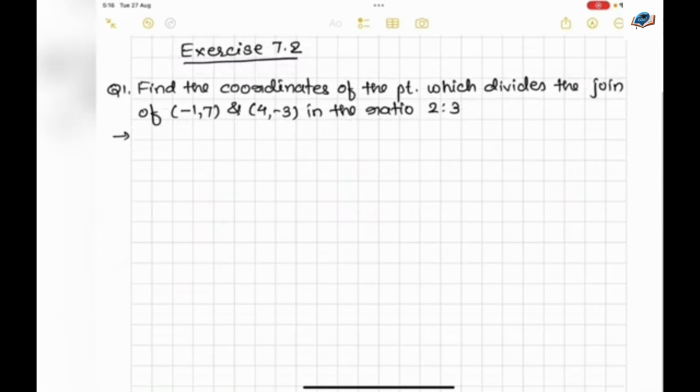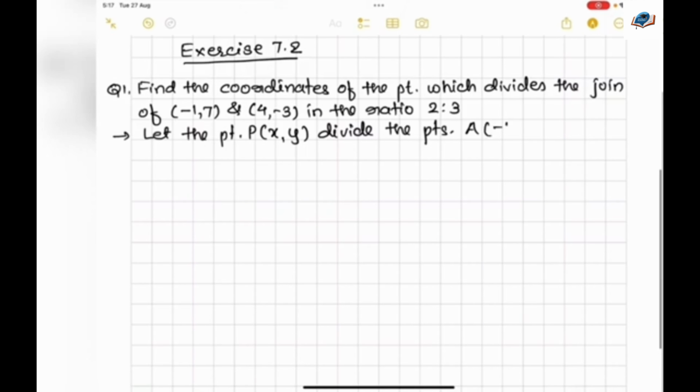Now the first question says find the coordinate of the point which divides the join of (-1, 7) and (4, -3) in the ratio 2 is to 3. So let the point P(x, y) divide the points A(-1, 7) and B(4, -3) in the ratio m1 is to m2 equal to 2 is to 3.